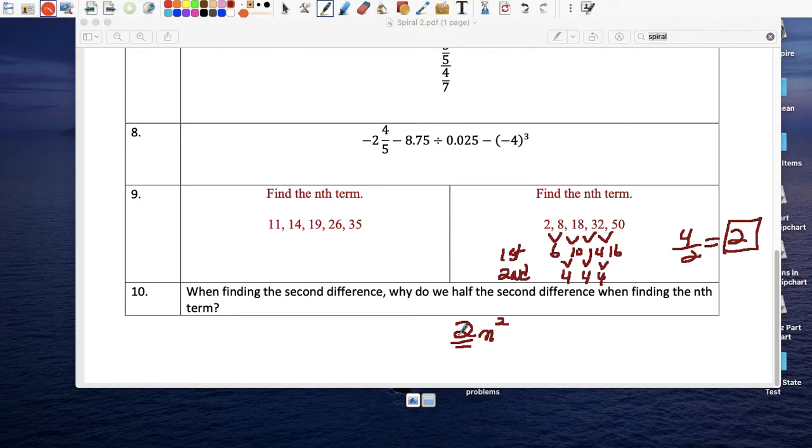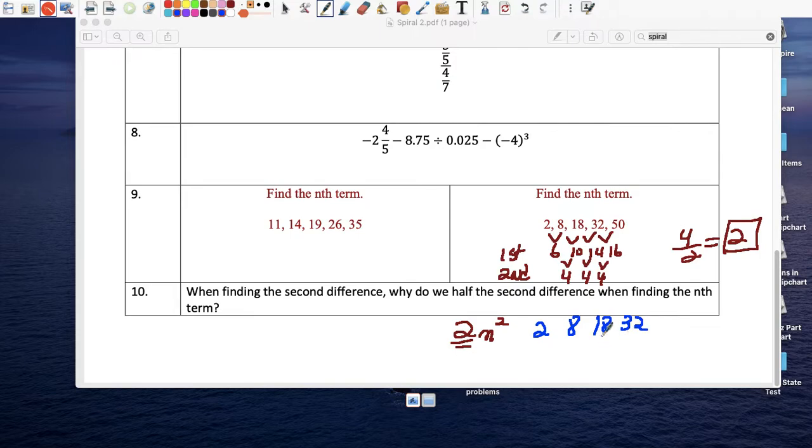Now, what does a 2n squared sequence look like? Plug in 1, 2, 3, 4, and 5 in here. Find the first 5 terms. So 1 squared times 2 is 2. 2 squared is 4 times 2 is 8. 3 squared is 9 times 2 is 18. 4 squared is 16 times 2 is 32.